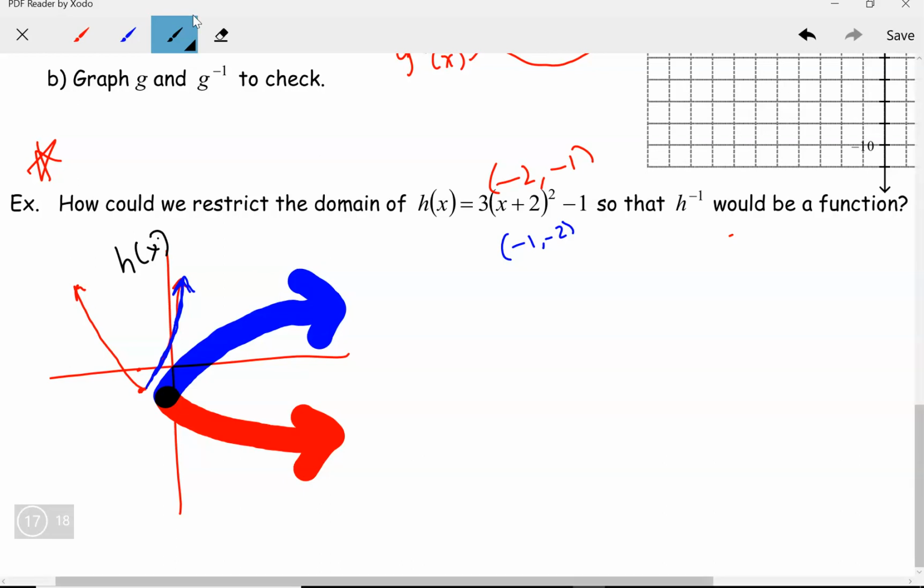So this blue line from our original parabola mapped onto this thick blue line on my inverse parabola, and this red line from my original parabola mapped onto this thick red line from the new parabola.